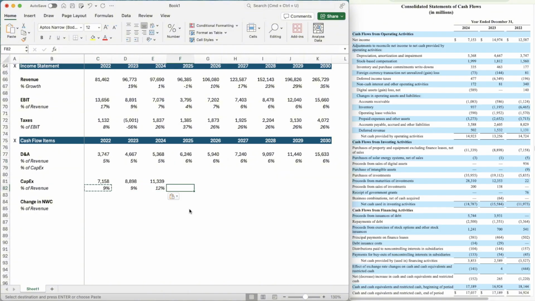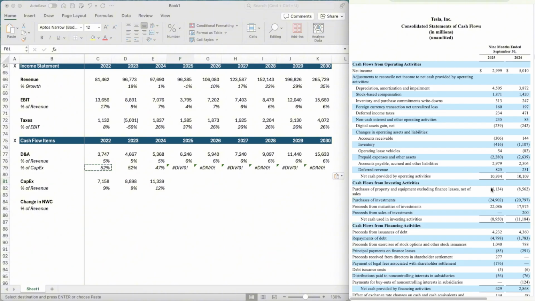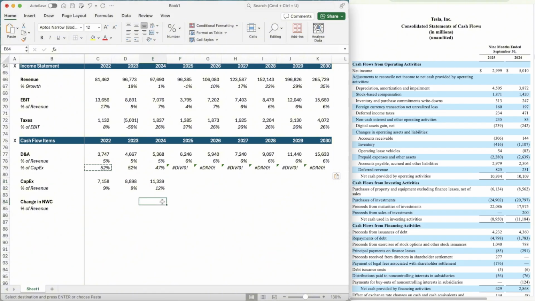Yeah, I think we can keep that. Whatever the average comes out of this is what we will have going forward. Just work out what depreciation and amortization is as a percentage of CapEx. Okay, let's find 2025. $8,562.